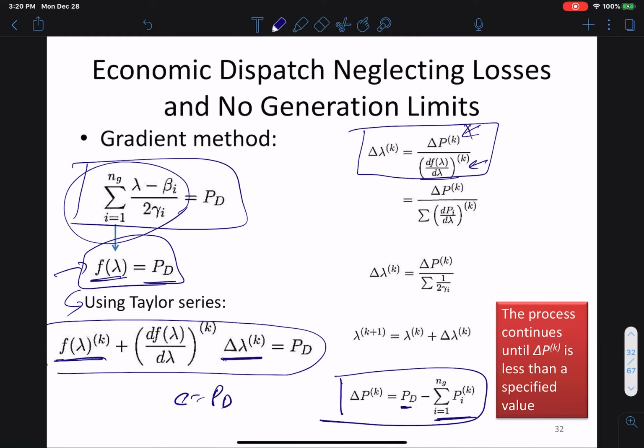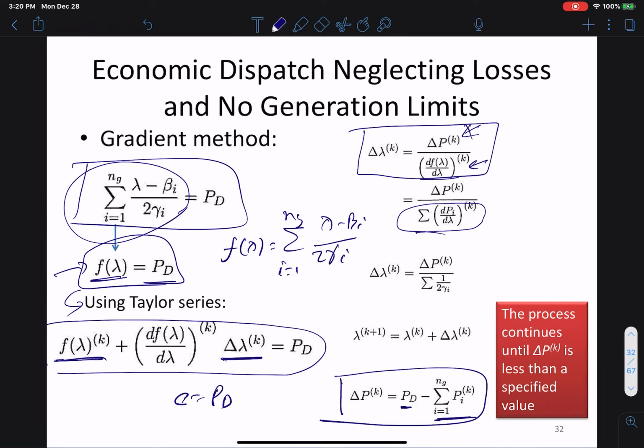Now, if I go further into the equation over here, it will become this one. Why? Let me tell you why. Your f is the sum over i equal to 1 to n of beta i lambda i.